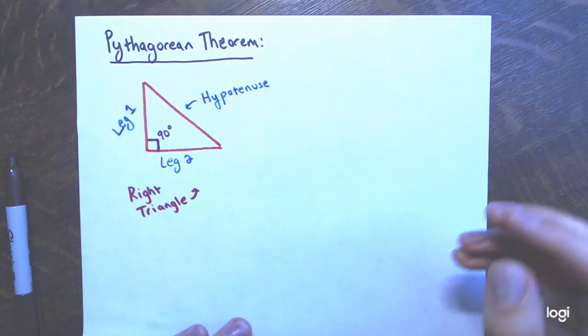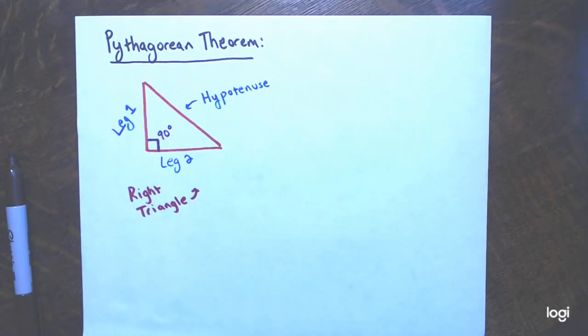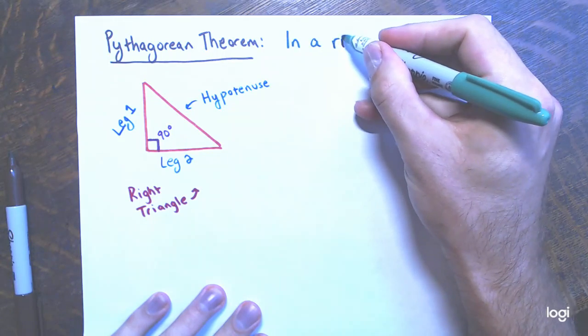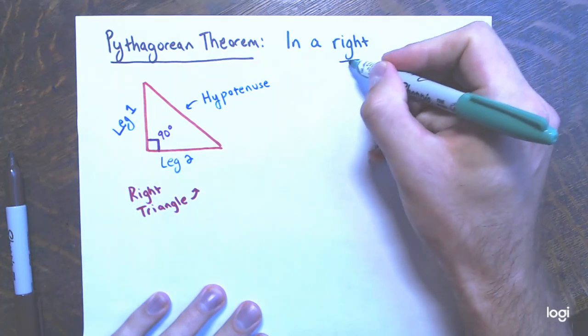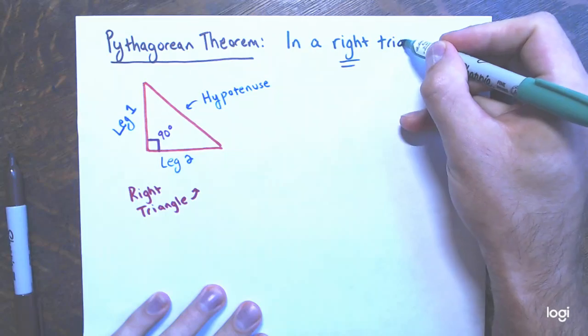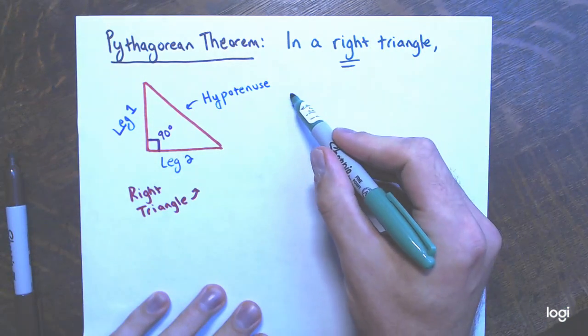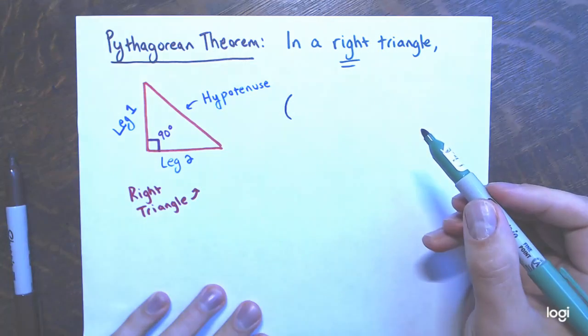All right. So what the Pythagorean theorem states is just this: in a right triangle only, the sum of the squares of the legs.